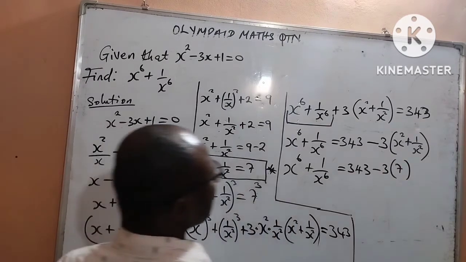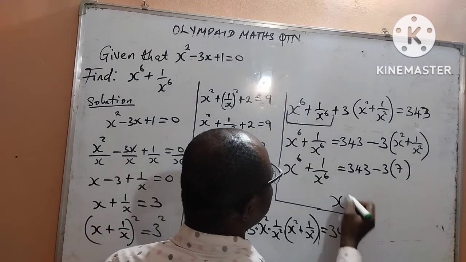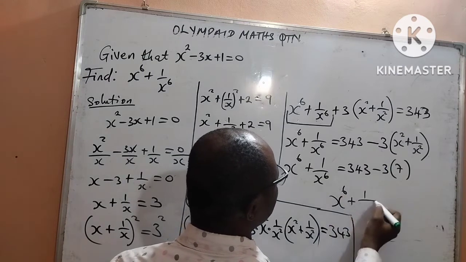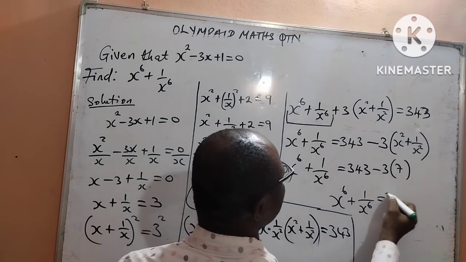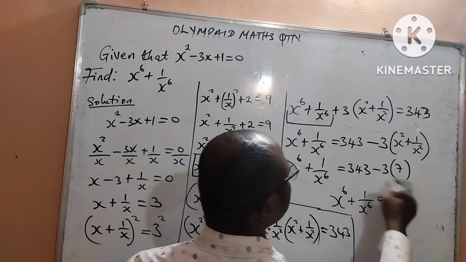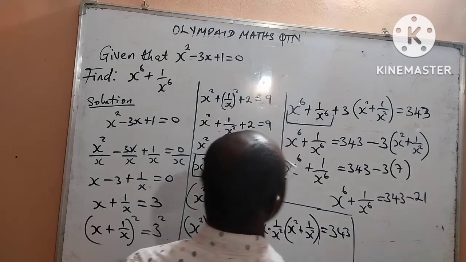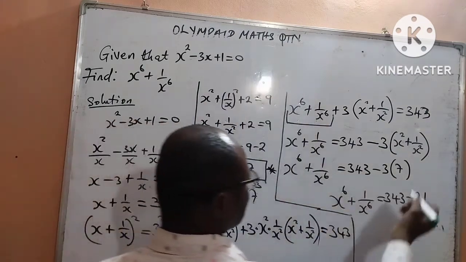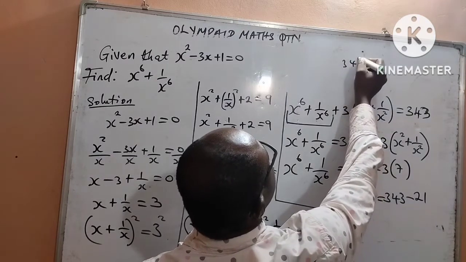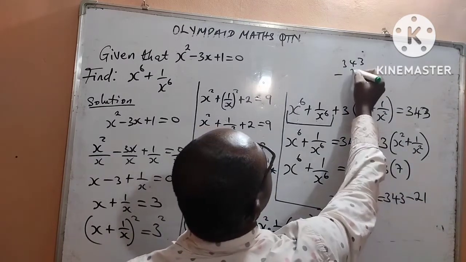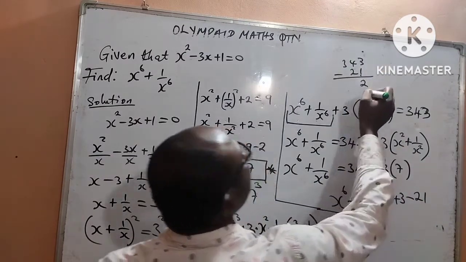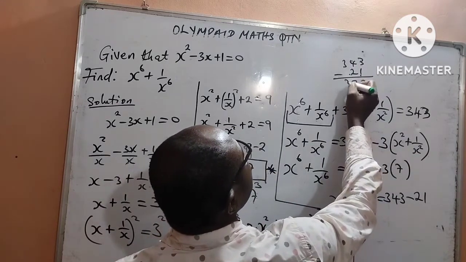Okay, moving forward, I shall now have x to the power 6 plus 1 all over x to the power 6 equal to 343 minus 3 times 7, which is 21. So if we look at this, 343 minus 21 will give us 2 here, 2 here, and 3 here.